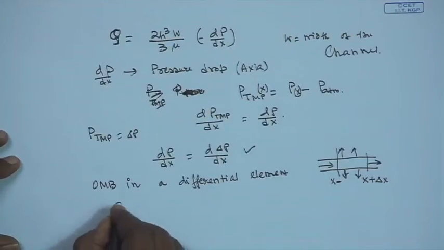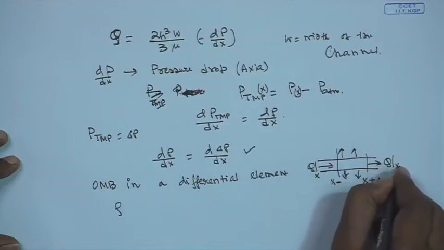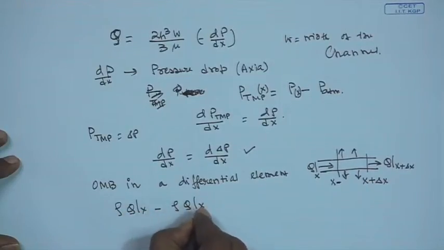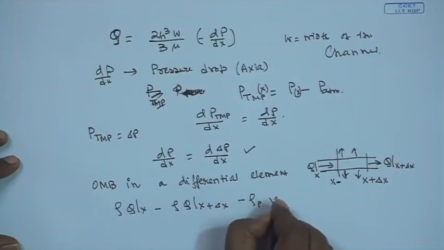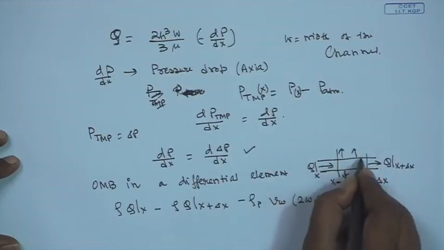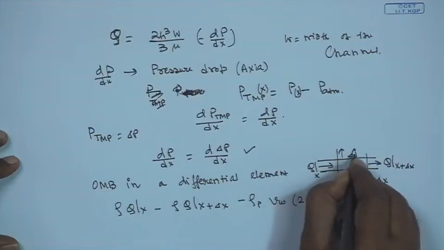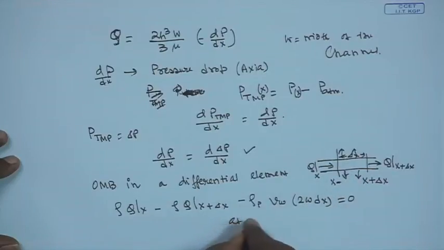So, this is Q at x, and this is the volumetric flow rate Q at x plus delta x. So, rho times Q at x minus rho times Q at x plus delta x, that is going out, minus rho permeate V w times 2 W dx, where 2 W dx is the differential area. W is the width in the direction normal to the plane of the paper, and this is delta x. There will be two surfaces, that is why the 2 is appearing. This is equal to 0 at steady state.